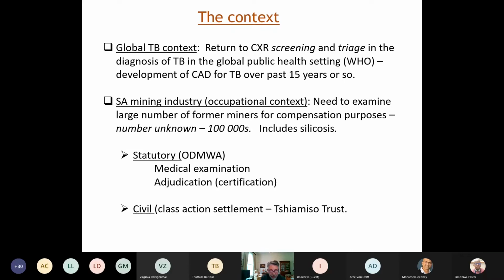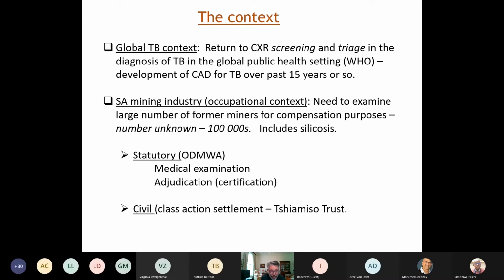The two current agencies of interest are the Medical Bureau, or the agencies which fall under the Occupational Diseases in Mines and Works Act, and they are responsible for directing or inviting or securing the medical examination of people who have been exposed, whether working or former miners, and also for the adjudication of these thousands of claims submitted consequent on those examinations.